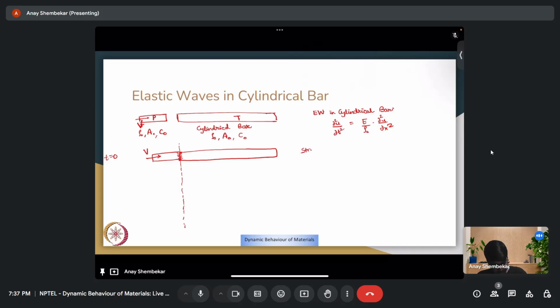So, stress is generated on impact in both bodies. Because of this, a stress wave is released. Suppose t is equal to t1.